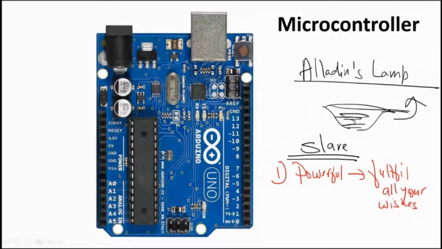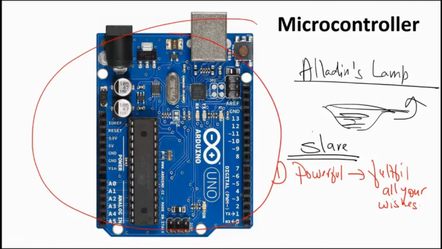It is so powerful that it is capable of fulfilling all your wishes. Similarly, if you compare here, this complete board is your Aladdin's magic lamp. What is the equivalent of rubbing this lamp? The equivalent of rubbing this lamp is powering this board.